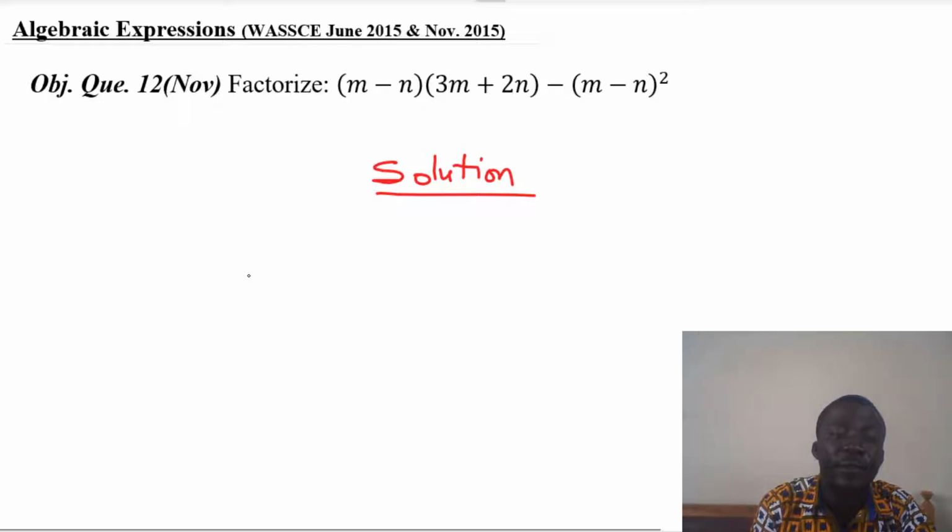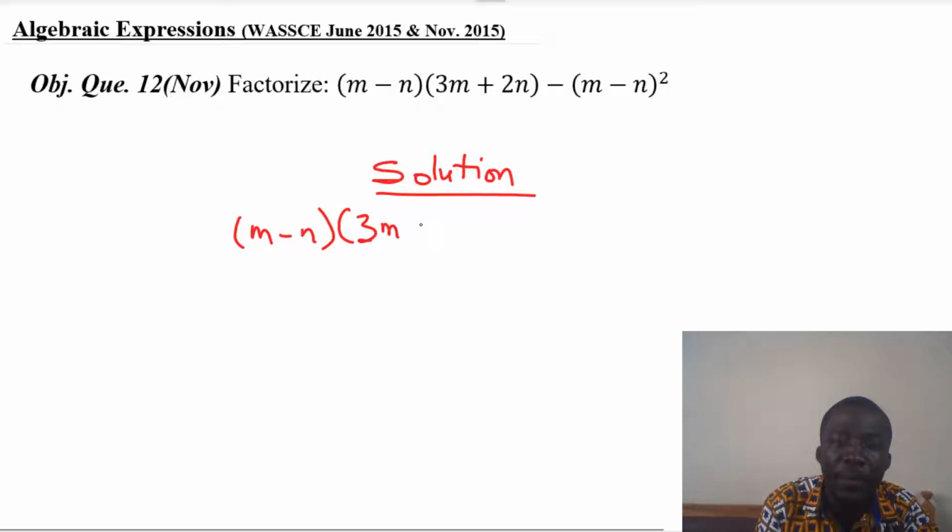In objective question 12, November, we are to factorize into brackets m minus n, into bracket 3m plus 2n, minus into bracket m minus n, all squared.